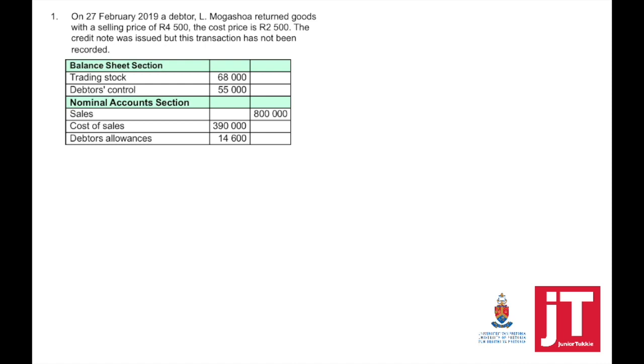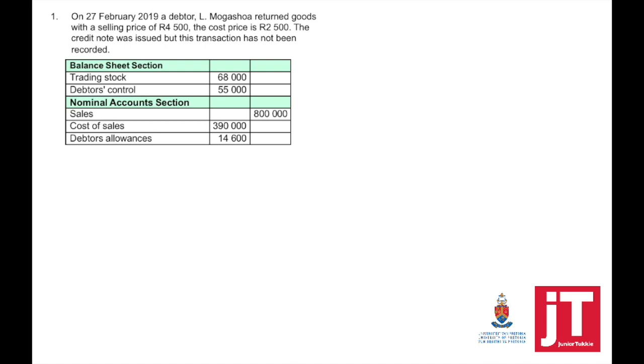The first adjustment: on 27 February 2019, a debtor returned goods with a selling price of 4,500. The cost was 2,500. The credit note was issued, but this transaction has not yet been recorded. So they made this a little bit easier by providing the cost and the selling price.